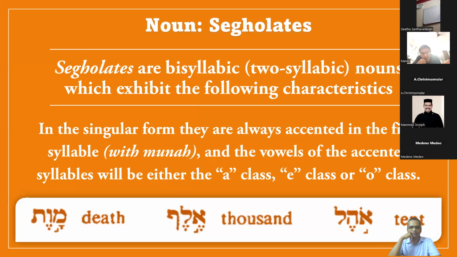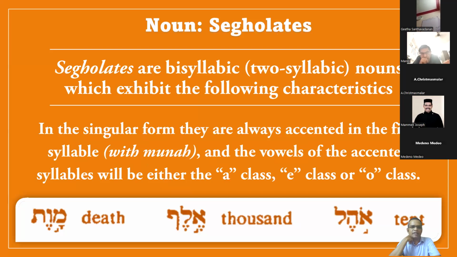The examples here: Mavet. The initial syllable is accented. According to the rule, it can carry either an A class vowel, E or O. Here it is an A class vowel, meaning death. Elef, not Aleph, it is Elef, meaning 1000.